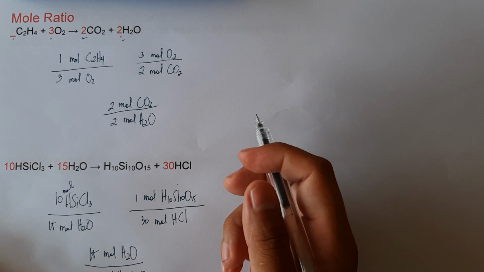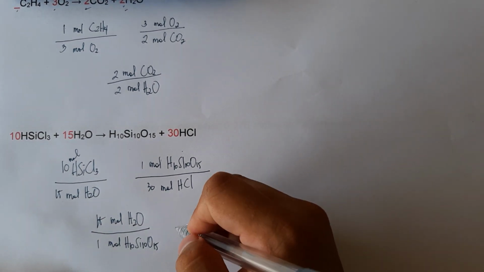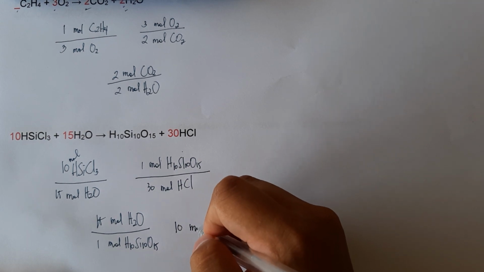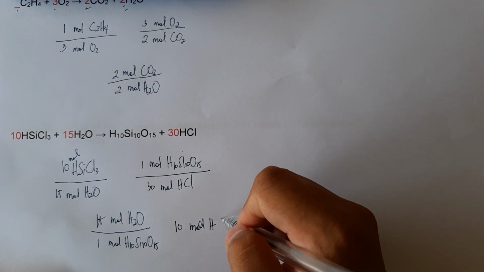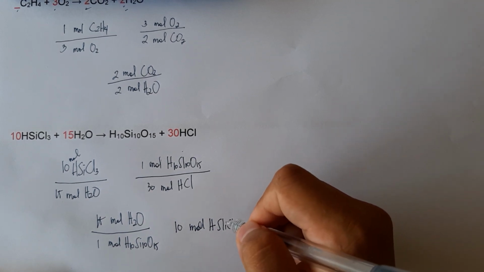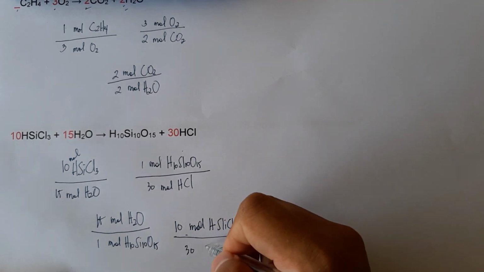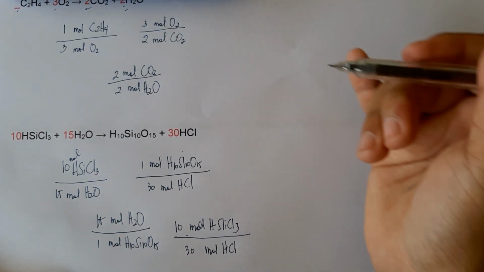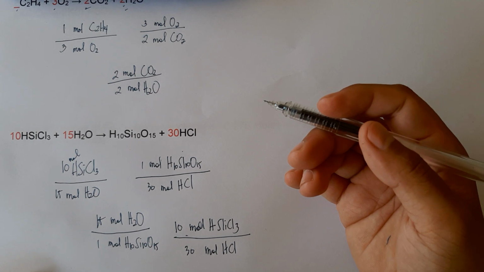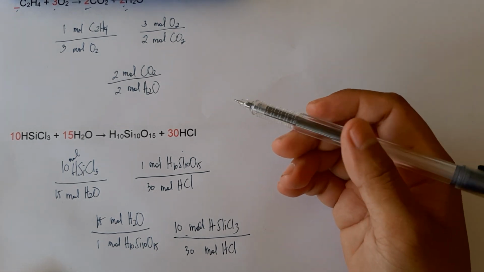That's another mole ratio here. We can also have 10 moles of HSiCl3 over 30 moles of HCl. So we can find a lot of mole ratios in a single balanced chemical equation.